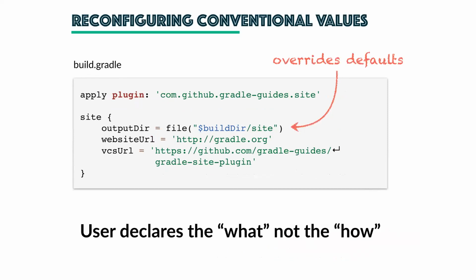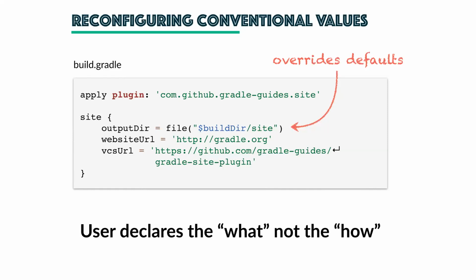Usually, the end user doesn't have to set any defaults, but if you wanted to reconfigure the defaults, as you remember, the default was somewhere under the build directory docs/site. In this case, the user actually overrides the default value by using this extension. So you can see that we use the custom DSL. We assign a completely new value to the output directory property. So that's a means of reconfiguring the default values.